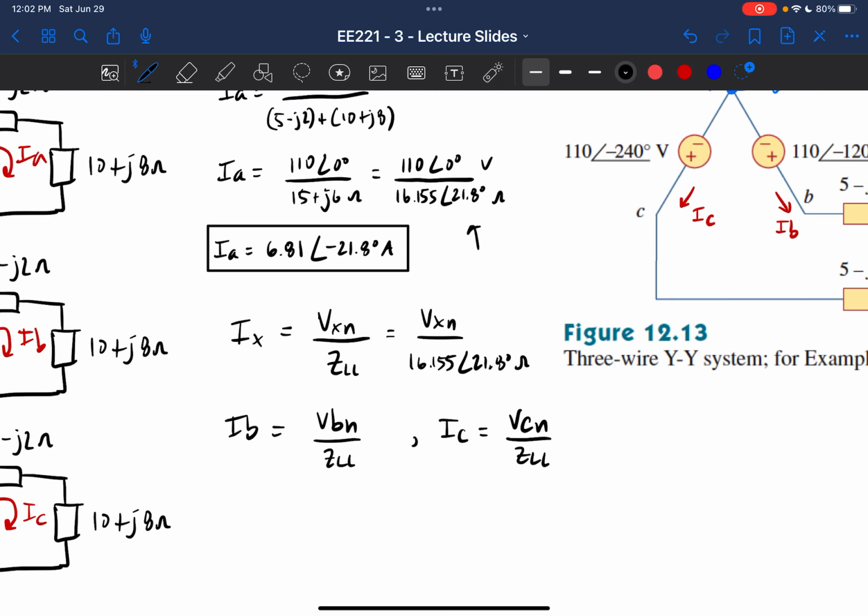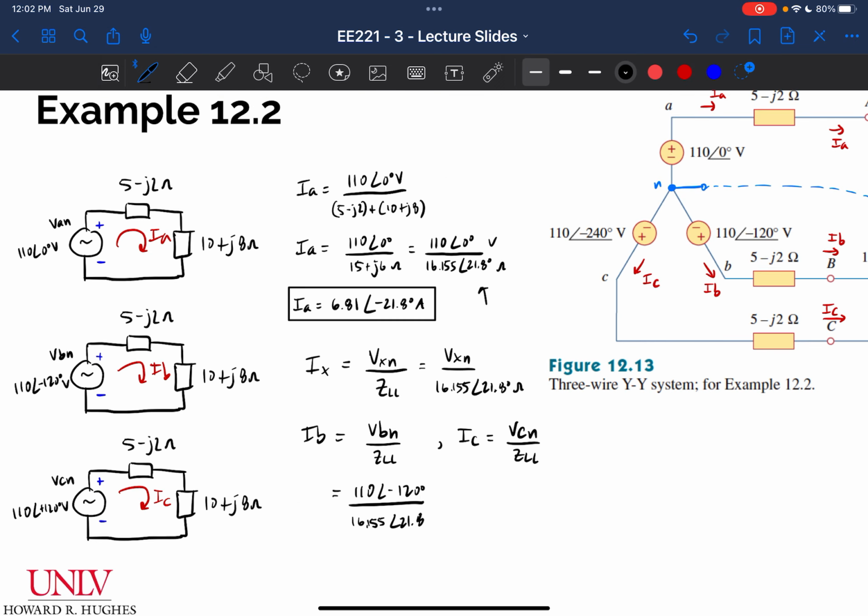For IB, it's going to be 110 angle minus 120 divided by 16.155 angle 21.8. Now you can see why the magnitude stays the same: it's 110 divided by 16.155 again, so I get the same magnitude. But instead of 0 minus 21.8, it's minus 120 minus 21.8.